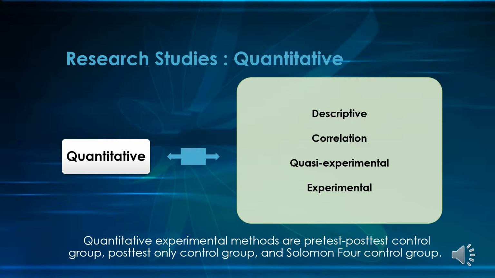Quantitative experimental methods are pretest, post-test, control group, post-test only control group, and Solomon 4 control group. Also involved in the methods are descriptive, correlation, quasi-experimental, and experimental designs.